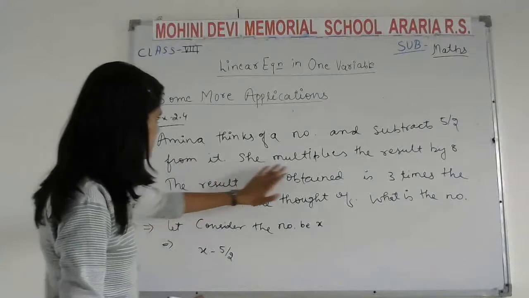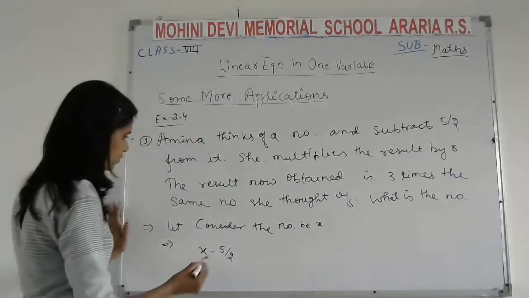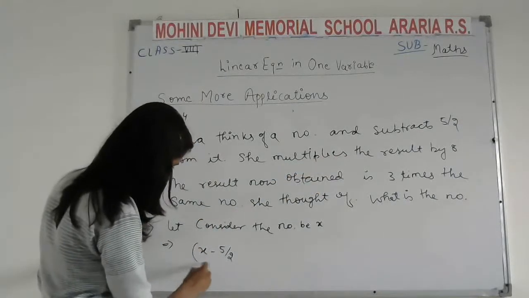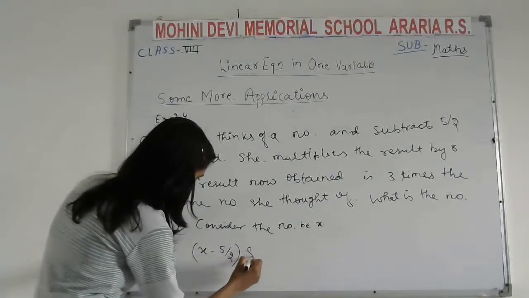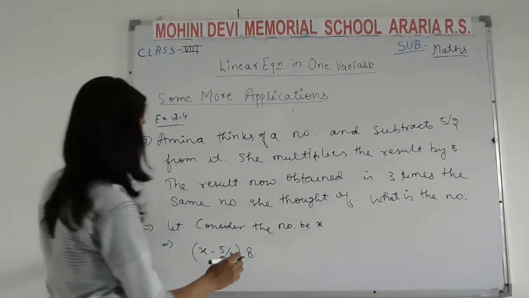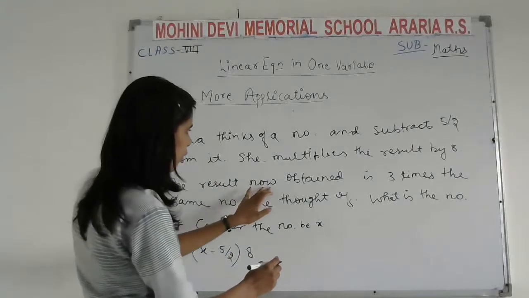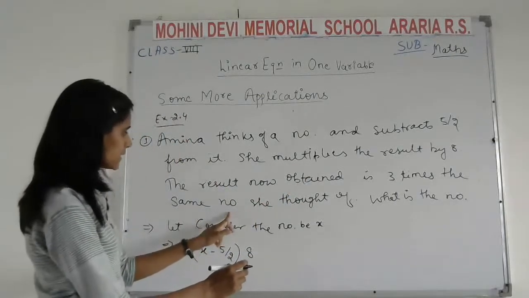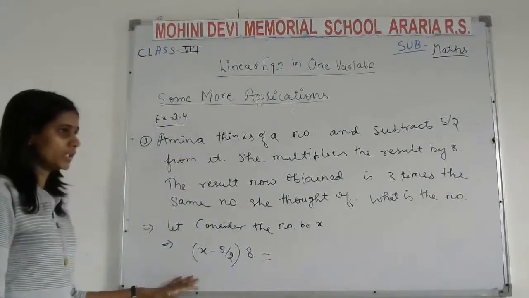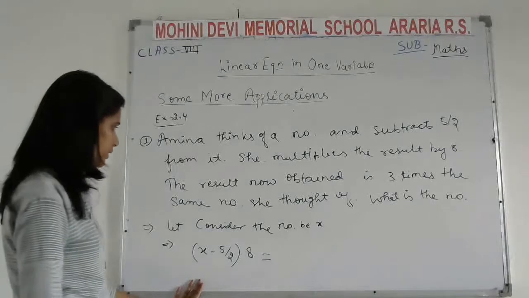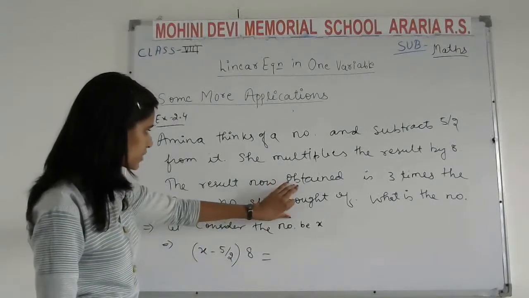Okay. She multiplies the result by 8. So after subtracting, what is the result? The result is x minus 5 by 2. She multiplies it by 8. The result now obtained is 3 times the same number she thought of. Now we have to equate this term to another term. So analyze the question carefully.